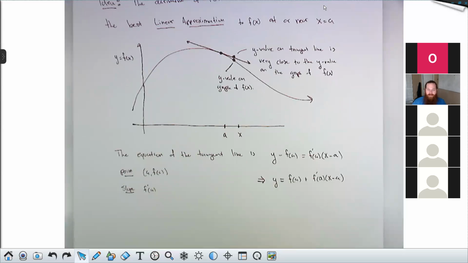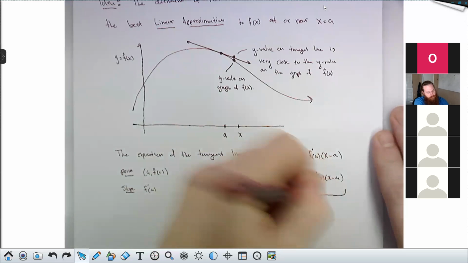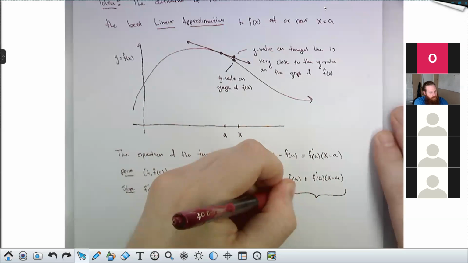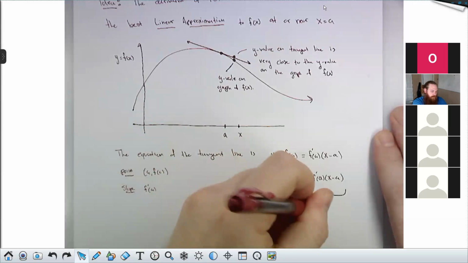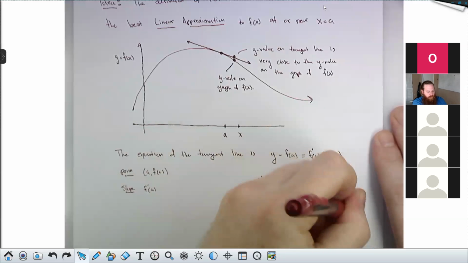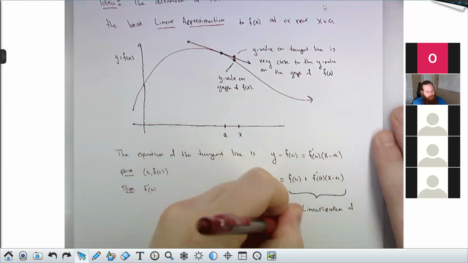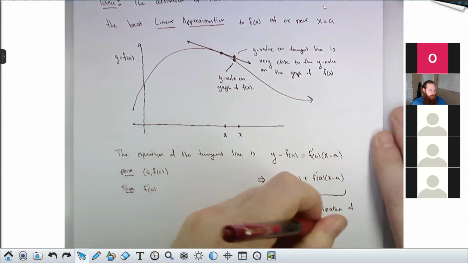But this is the best linear approximation for the function f of x near a. We call this thing the linearization of f of x at x equals a.